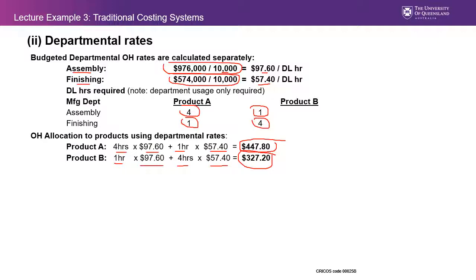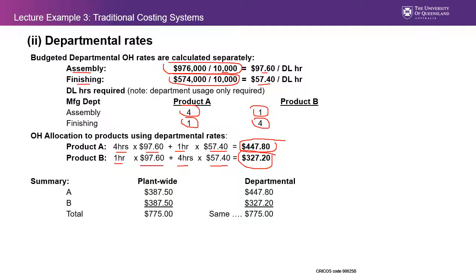So here, instead of just getting an average, we have a more refined or accurate cost, which shows us that in fact, under a plant-wide rate, product A was undercosted, too low, and product B was overcosted using the more traditional simple system, which means that product B was cross-subsidizing product A.